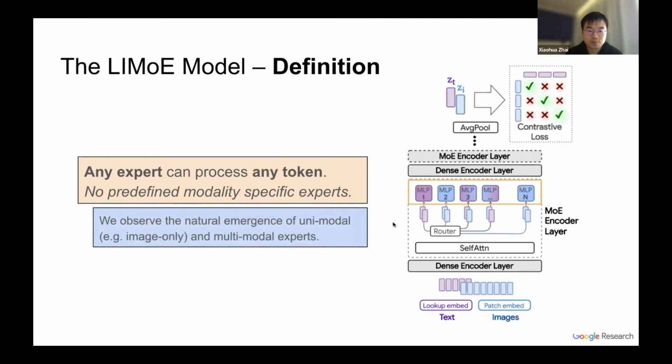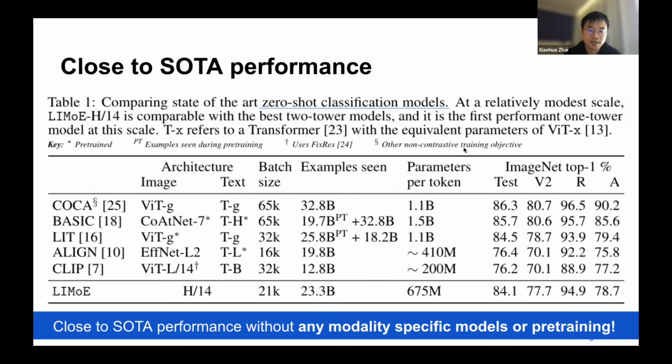And we observe the natural emergence of unimodal and multimodal experts. So sometimes an expert is taking a lot of tokens from the image modality thanks to this router, and also some experts can take care of both image and text modalities. So this method also achieves close to state-of-the-art performance.